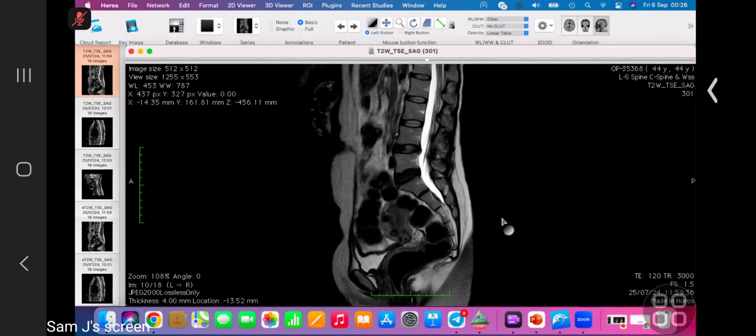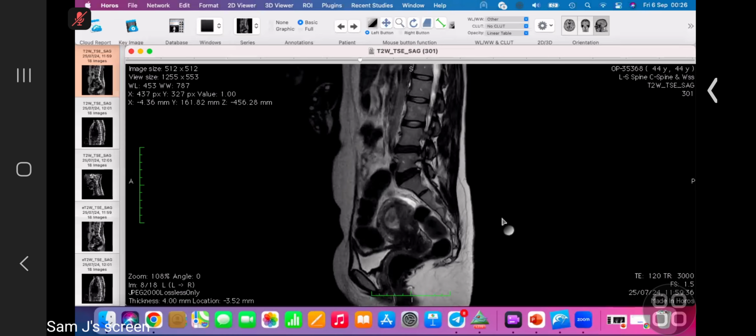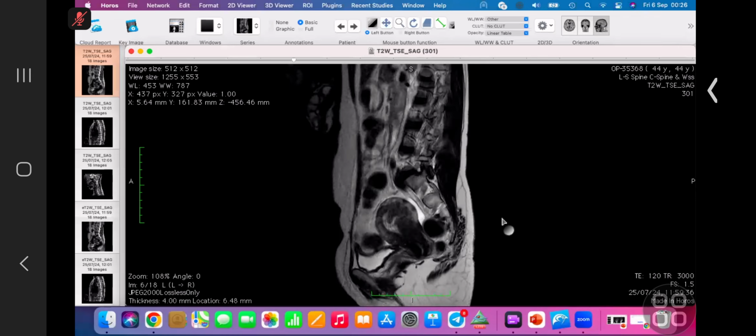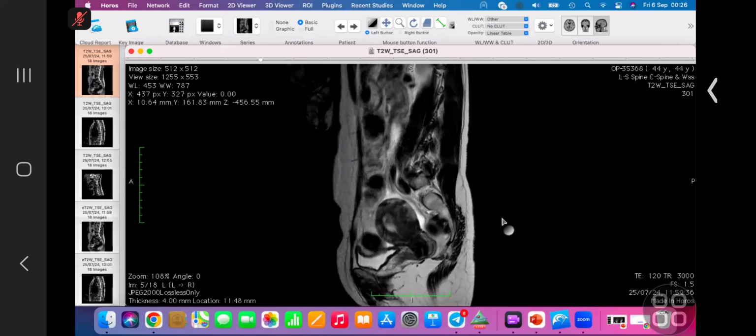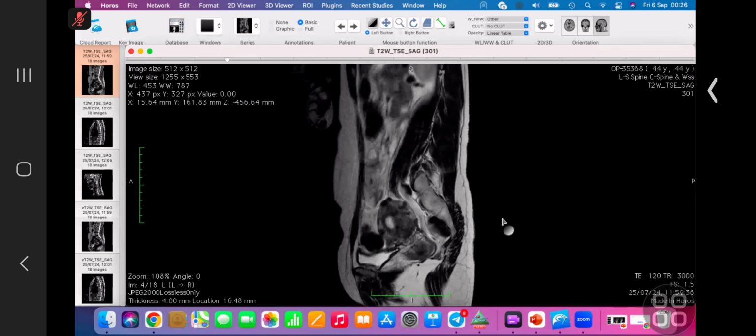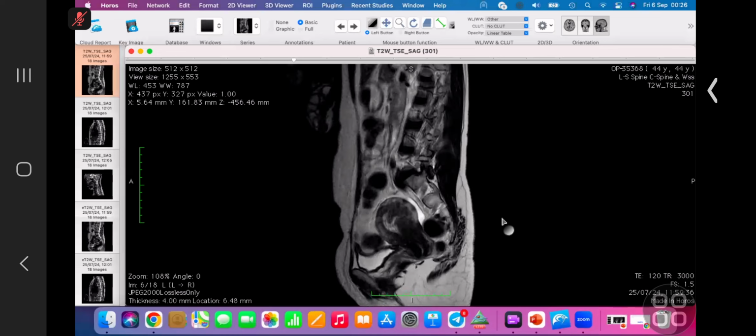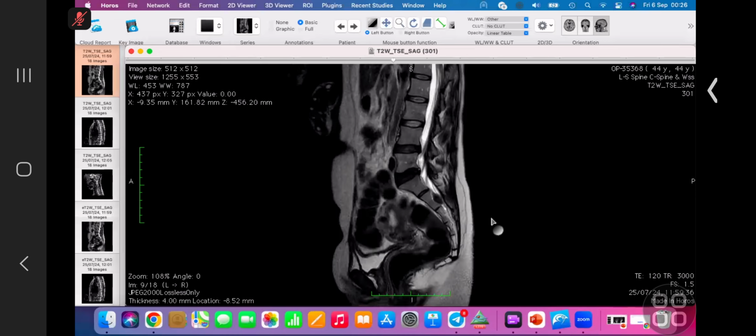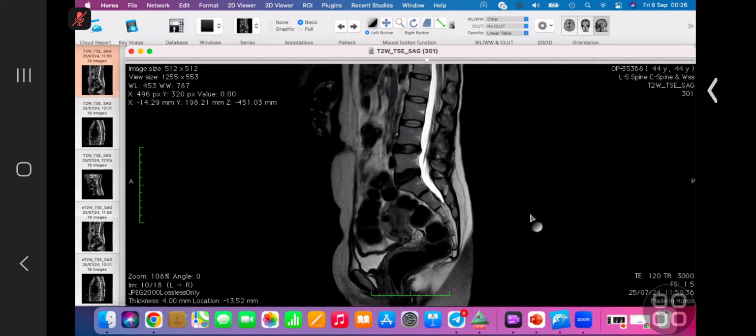I can see that the spinal cord ended at its expected location, so there is no evidence of tethered cord. I can see that the uterus appears bulky and shows multiple hypodense lesions, most likely representing fibroids.